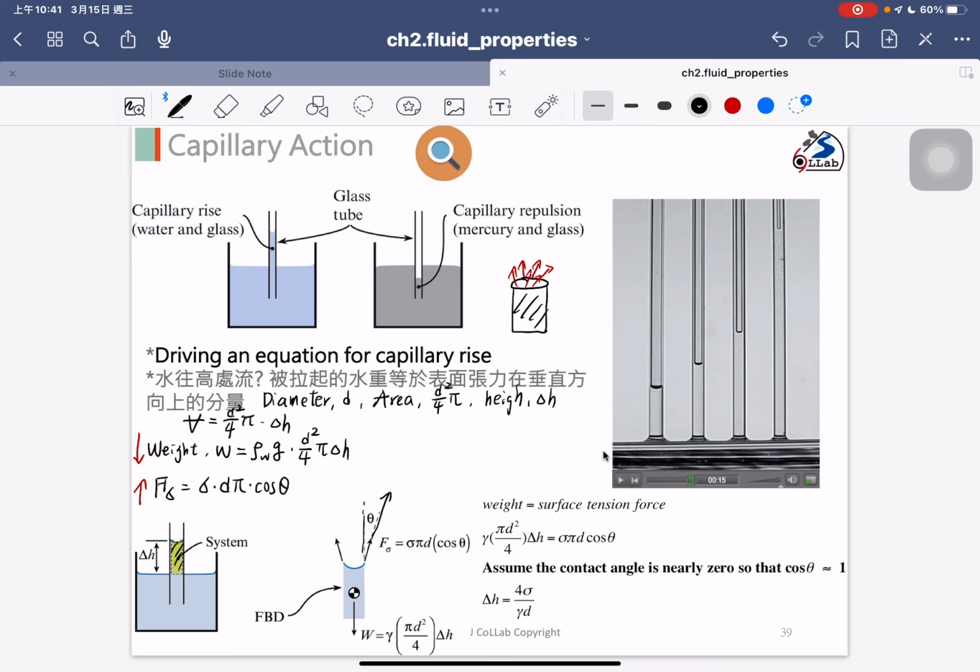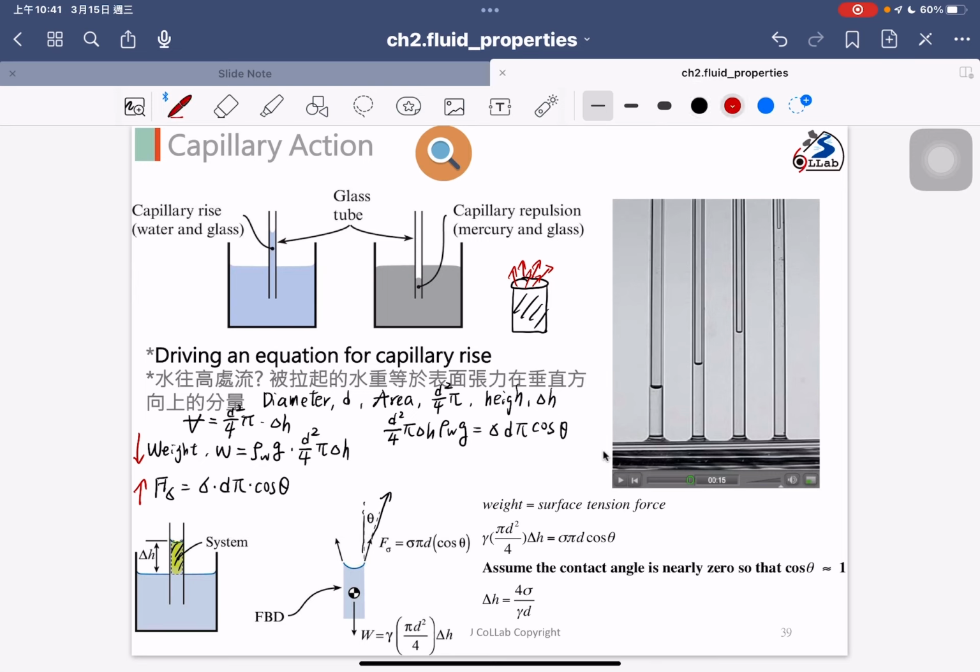So the upward force, pi D squared delta H rho g over 4, the weight, is equal to the surface tension term, sigma D pi cosine theta. Right now we want to understand the relationship between the rising height and the diameter.